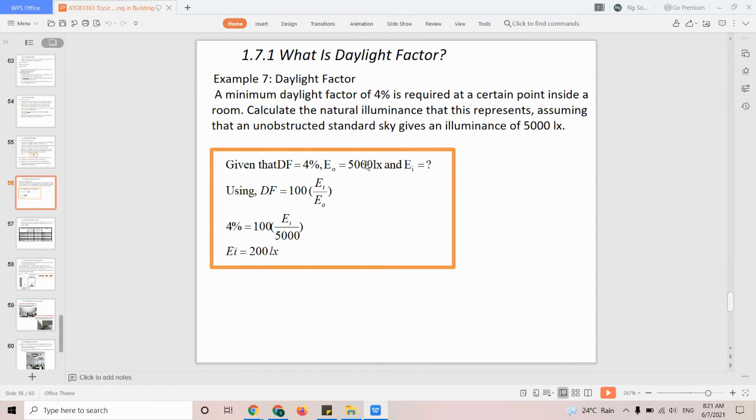So pretty straightforward. You'll be given the daylight factor percentage, and then your EO is given. So you just plug in into the formula. You'll get that the natural illuminance is 200 lux.